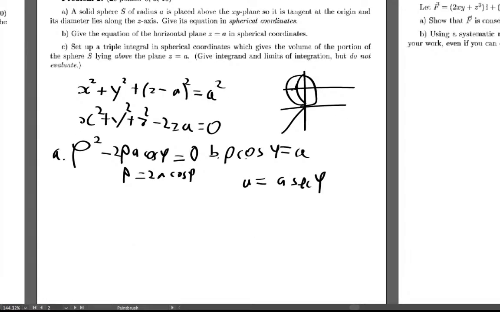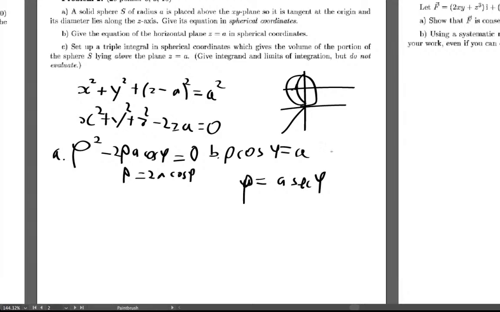So we first need to figure out where the intersection is. We want to figure out when these two functions would be the same. Obviously you have the rhos, which you can use.